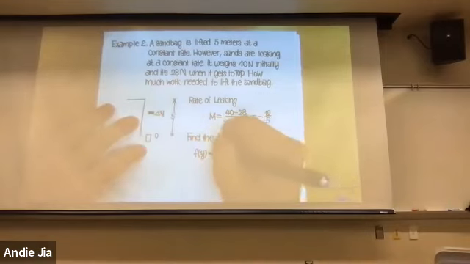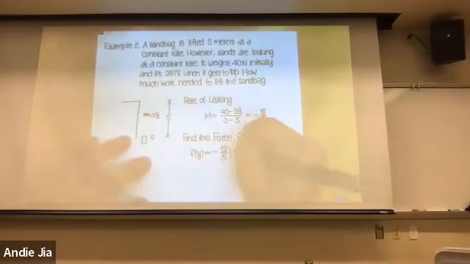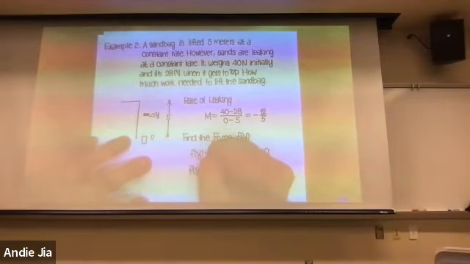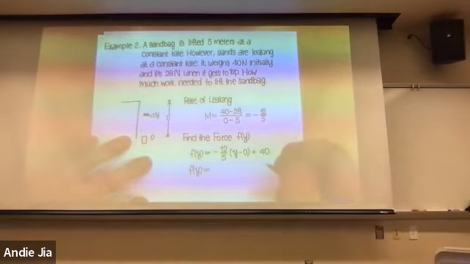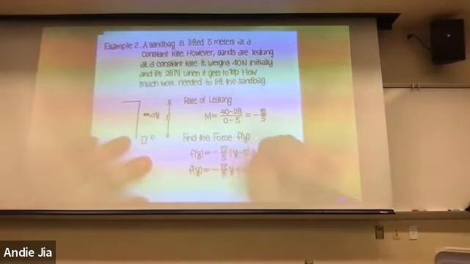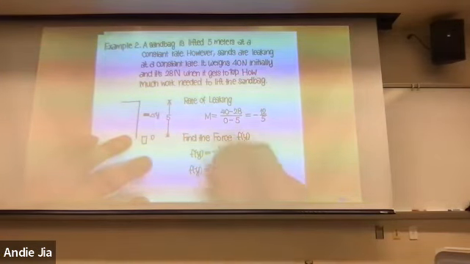It's going to be negative 12 over 5 times y minus 0, then plus 40. So Fy, the force, is negative 12 over 5 y plus 40. And the distance is 5.